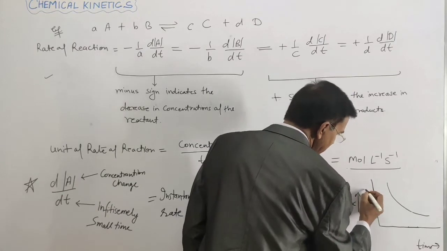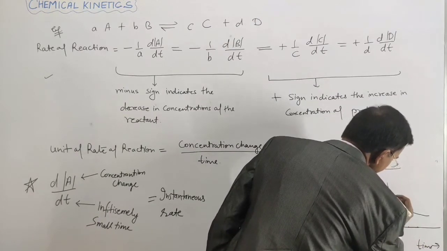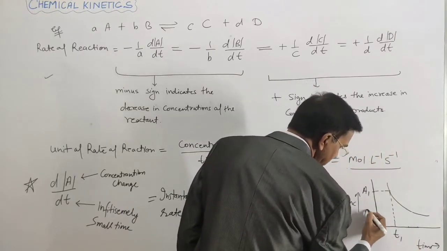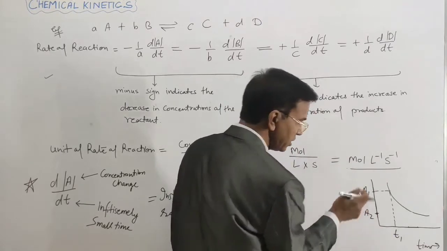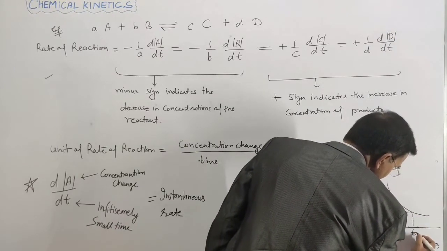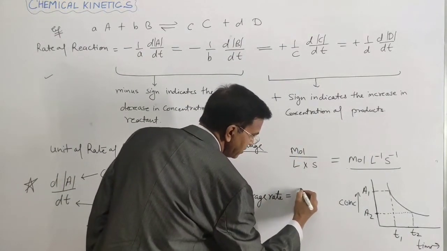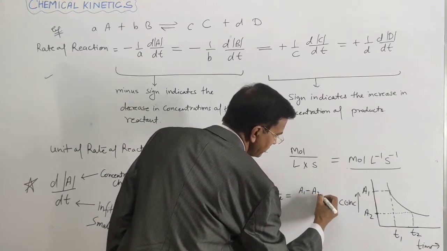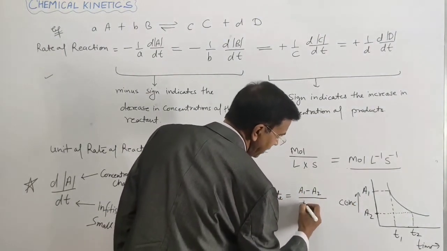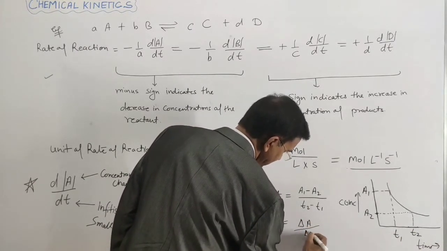Suppose here is A1, the concentration at time t1, and after some time it becomes A2, because it is the reactant concentration and it is going to decrease, at time t2. So the average rate will be the change in concentration, A1 minus A2, upon the change in time, t1 minus t2, so it is delta A upon delta t.